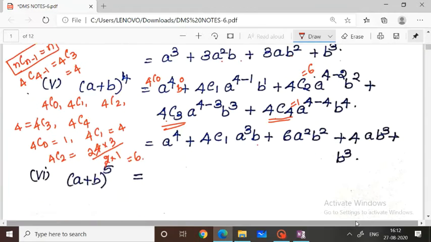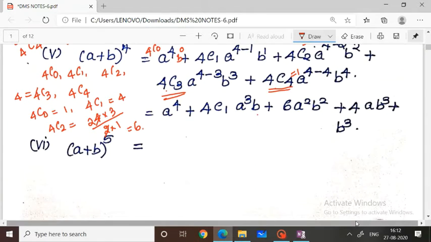This is the expansion. Now, if I take a plus b the whole raised to 5, how will you get the terms?